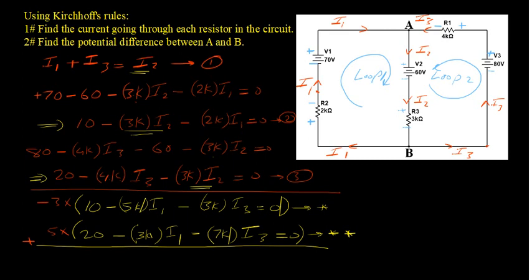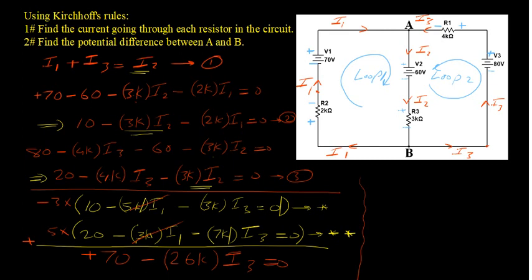For this double star, it's 5 minus 3 kilo, that gives me negative. So definitely the positive 15 and minus 15 will cancel each other. And for the rest, we do the math. That will give me 70 positive minus 26 kilo multiplied by the third current, that will equal 0.